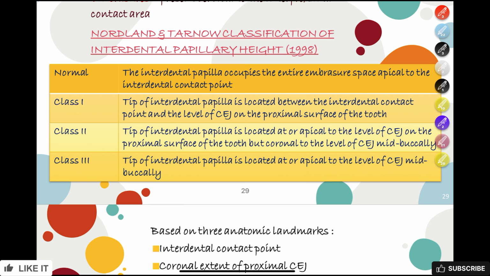So we are talking about the mid-buccal area. This is my buccal surface, this is my lingual surface. So if the interdental papilla is near the CEJ but near the mid-buccal area, it is class 2, and if it is apical to the mid-buccal area, it is class 3.